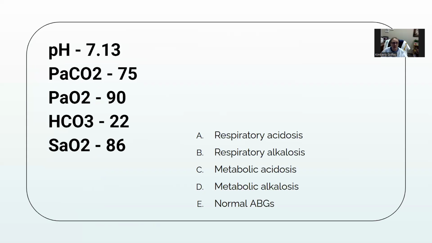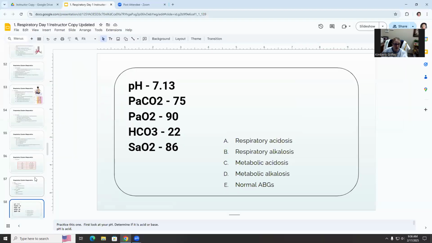So, well, let's look at these ABGs. Your pH is 7.13, PaCO2 is 75, PaO2 is 90, your bicarb is 22, and your SaO2 is 86. So what do you think this is? We're going to look real quick.